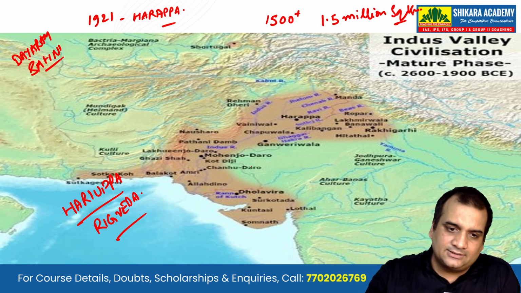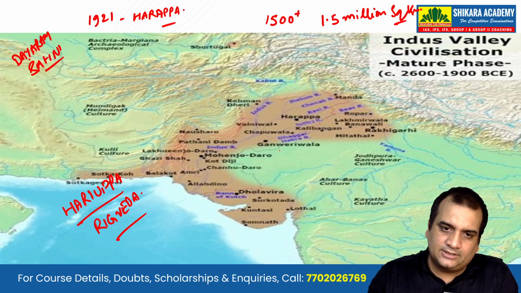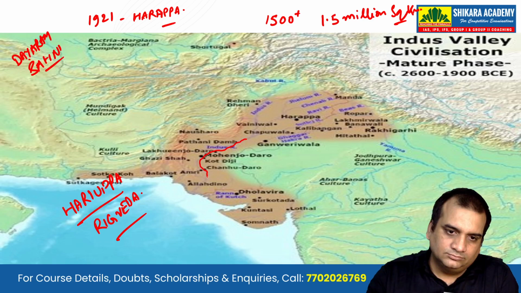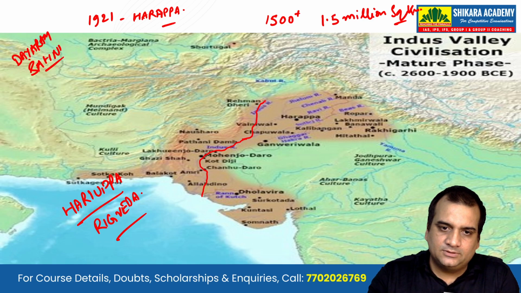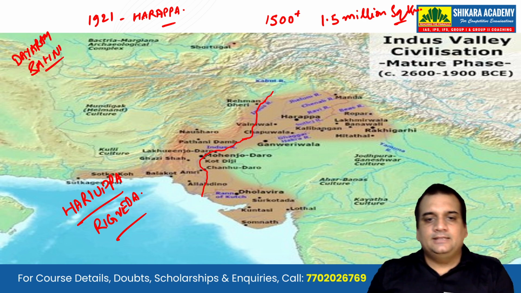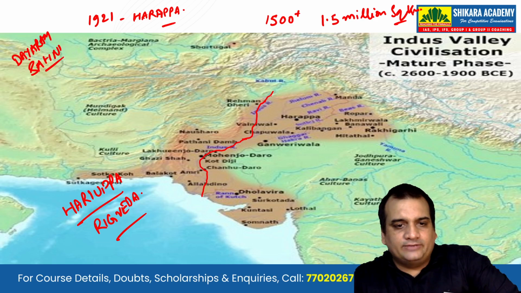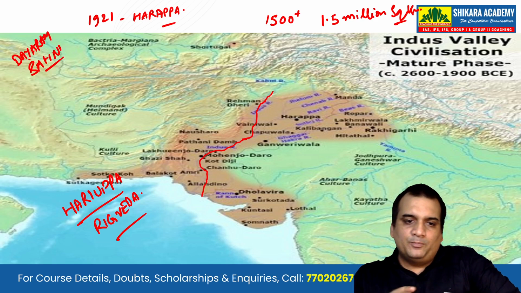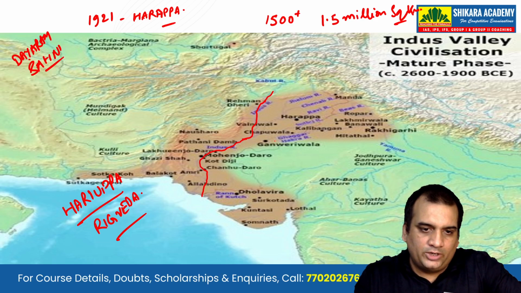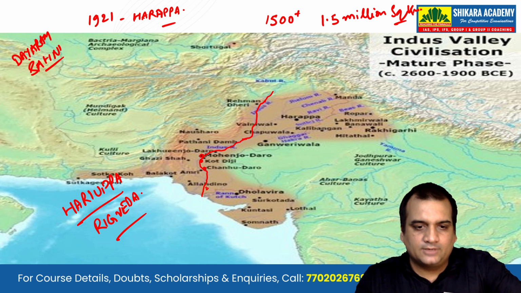Now, about this Indus River, that's very important. Here is the Indus River, and along it there are four main sites that you can see: Mohenjo-daro here, then Kot Diji, then Chanhudaro, and then Amri.